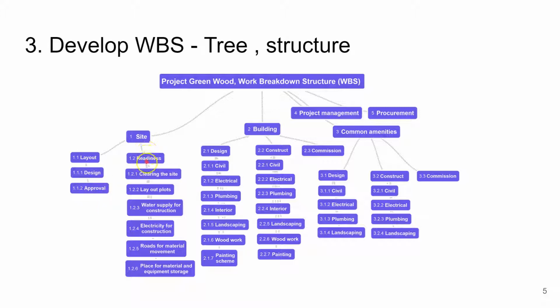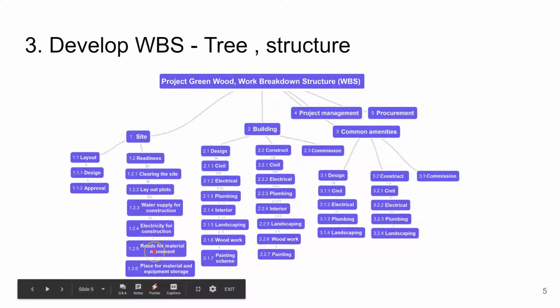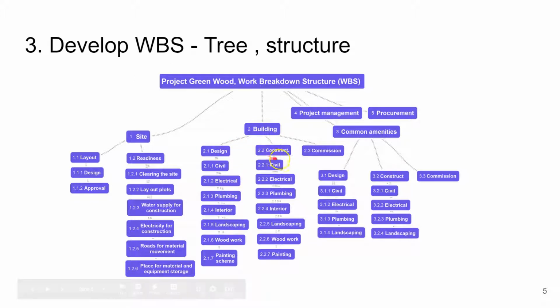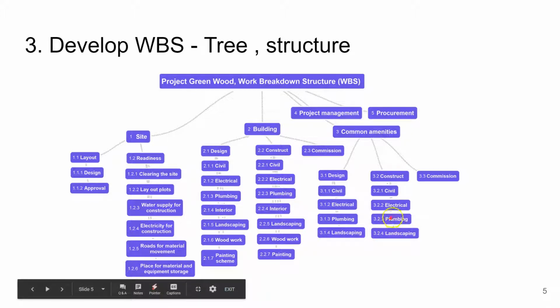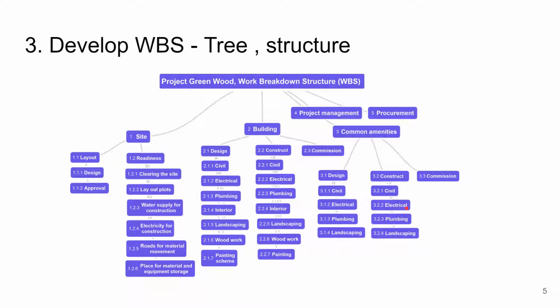For site readiness: clearing the site, laying out the plots, water supply for construction, electricity for construction, roads for material movement, and a place for material and equipment storage. Similarly for buildings, design and construction. So we decompose it further and further so that we have sufficient clarity.